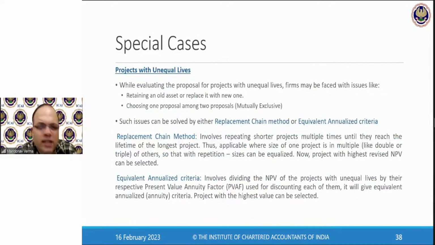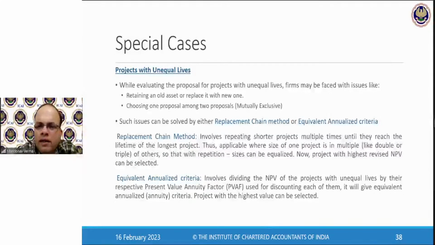Remember when we ended the session, I talked about a scenario where NPV and IRR were giving conflicting decisions, where the projects were of unequal lives.